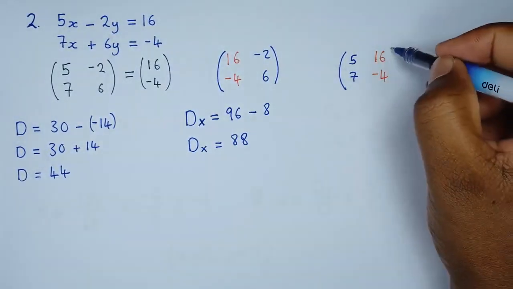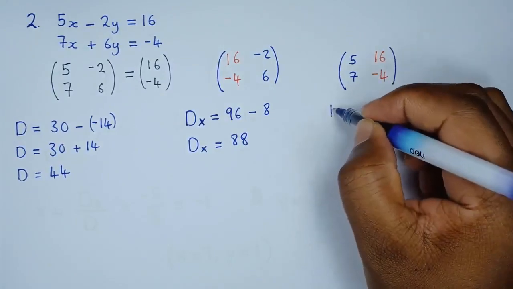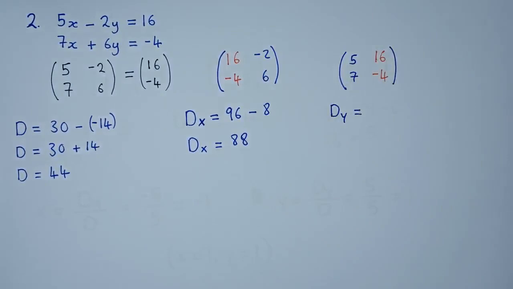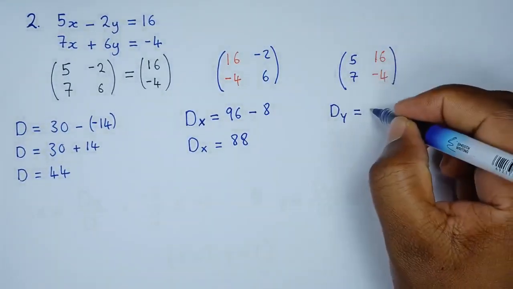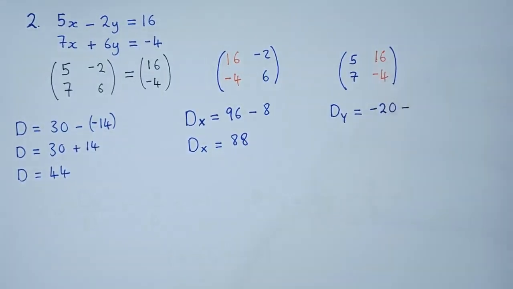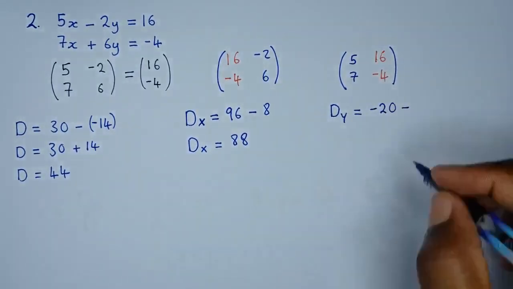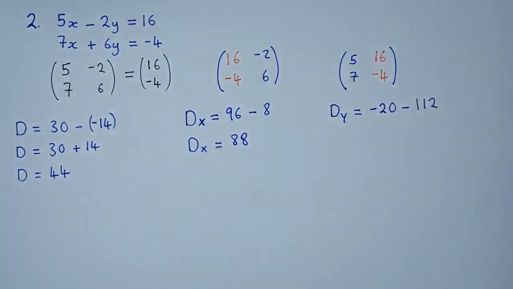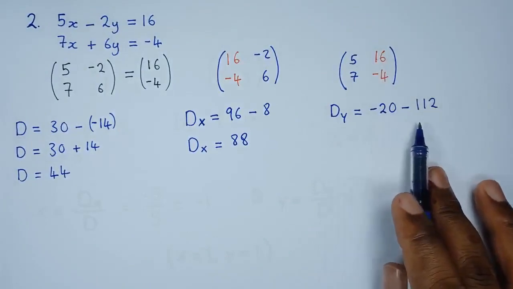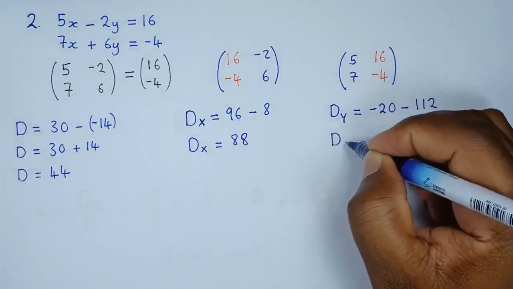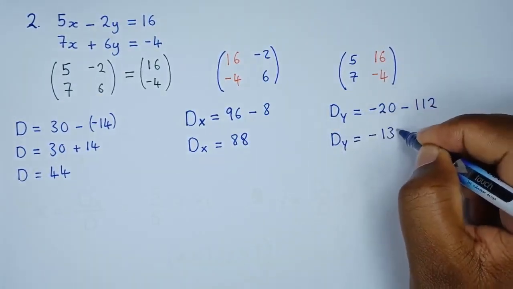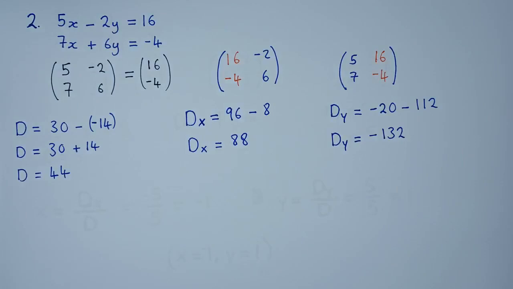Then dy will be equal to 5 times -4, which gives -20, minus 16 times 7, which is 112. So -20 minus 112 should give us dy being equal to -132, like that.